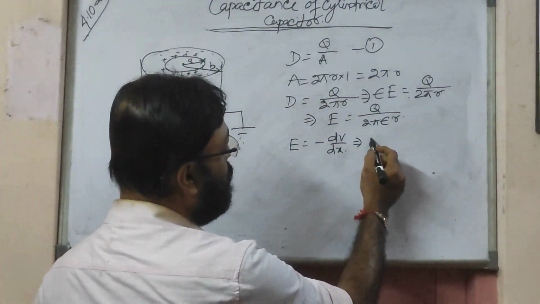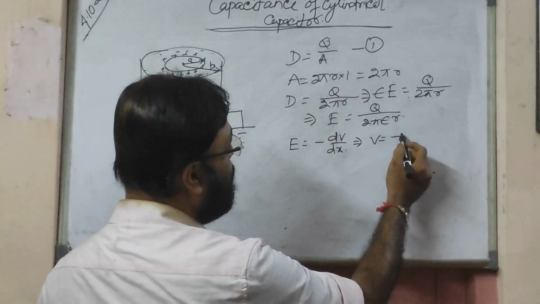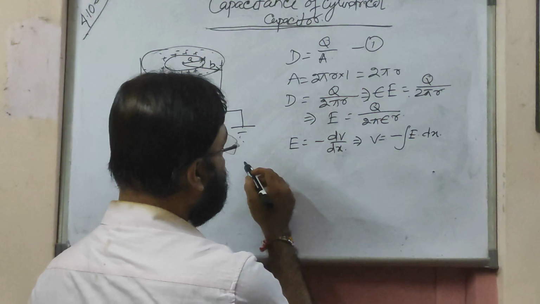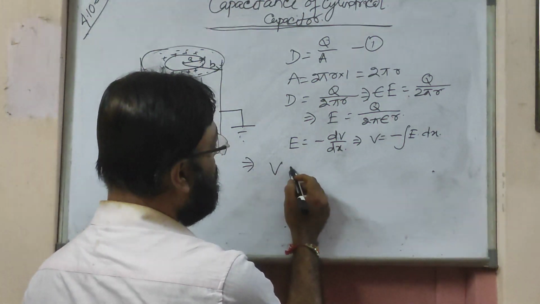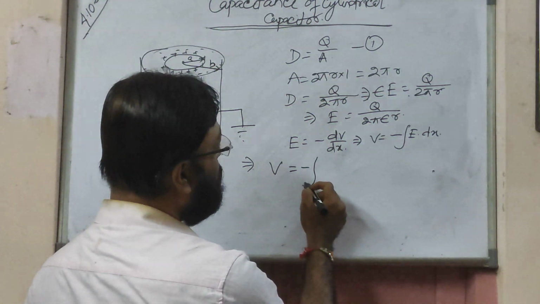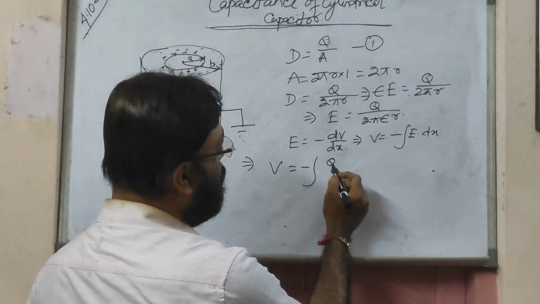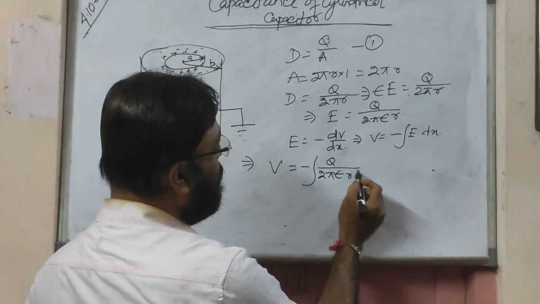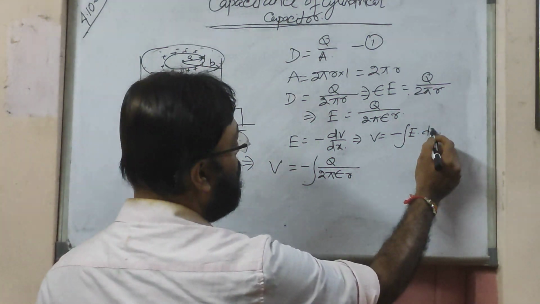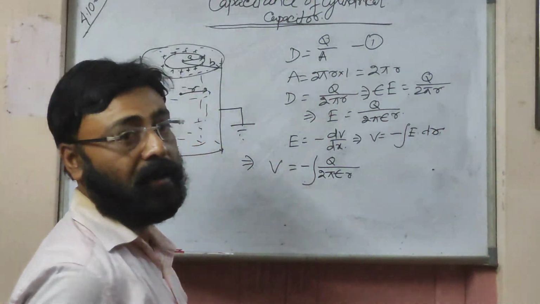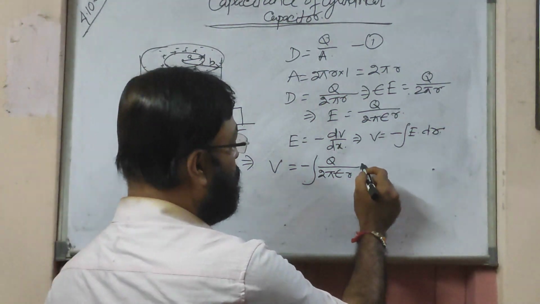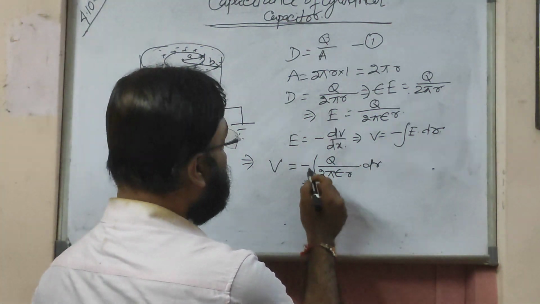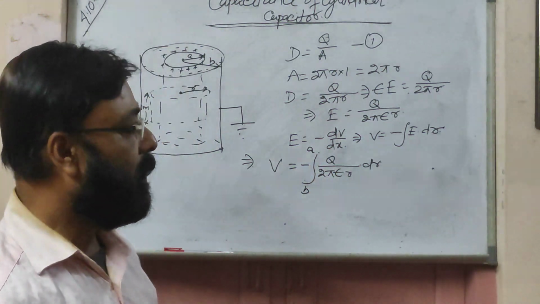That gives V is equal to minus the integration of E dx. Putting in the values, in place of E we write Q by 2 pi epsilon r. Here let us take dx as dr, because the variation is along the radius, and the limits are from B to A.